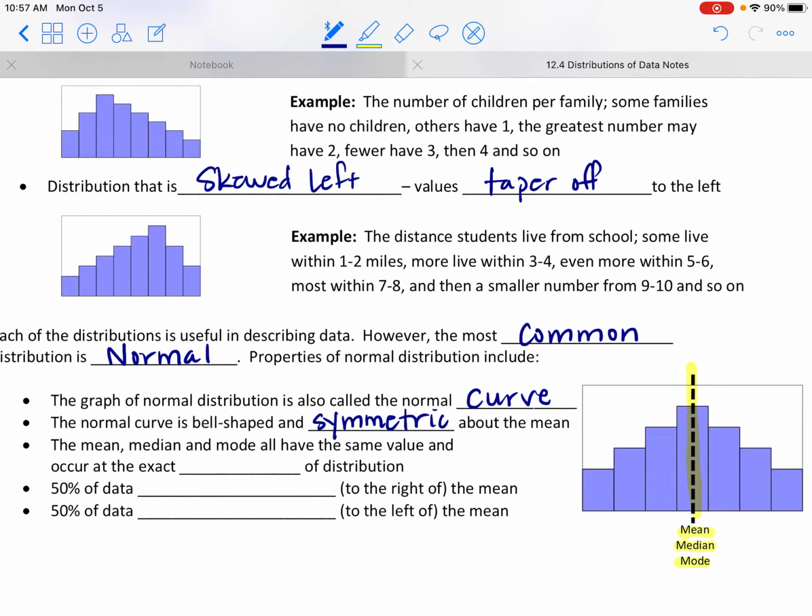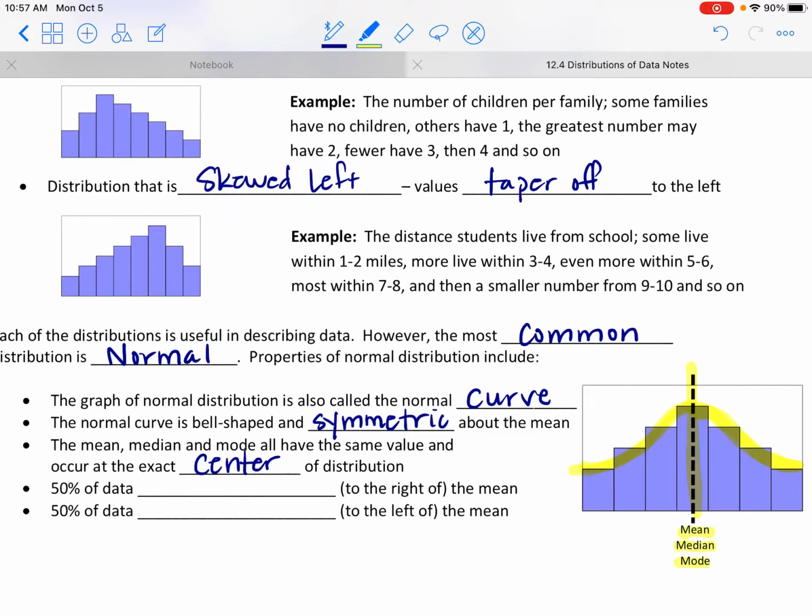The mean, median, and mode are all at the exact center of the distribution, and then it's symmetric. You can see if we were to fold that graph in half that the two halves match up. So you have a symmetric increase on one side and decrease on the other side. The increase here and the decrease here are going to be the same. That symmetry is the sameness on both sides.